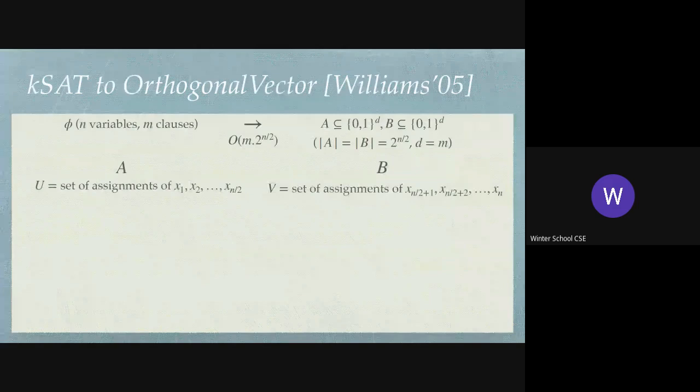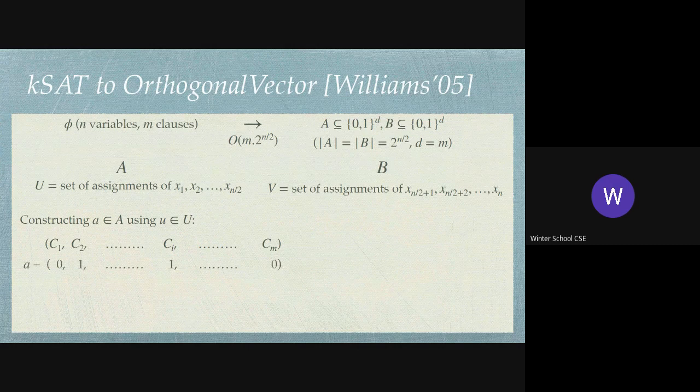Now, how exactly are we going to create A? We will take one U from capital U, and then construct one vector for A. As you can guess, the dimension of each vector is M. So let's list out all our clauses like this, and then we are going to create our A like this.